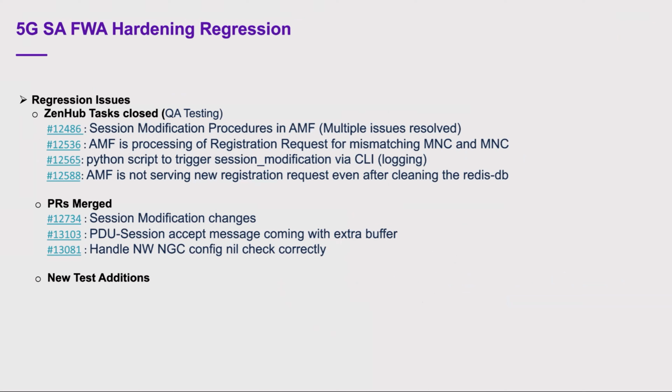So a series of GitHub tasks got closed. First one is related to session modification procedures. There were multiple issues resolved. And then we have AMF processing registration request, tied up with the mismatching of MNCs. That's fixed. And some logging related changes related to the Python script for session modification triggering through CLI.